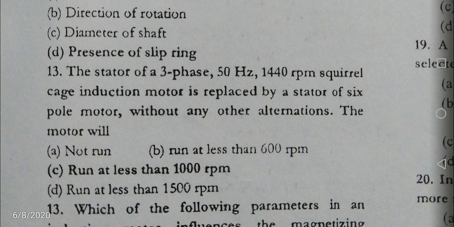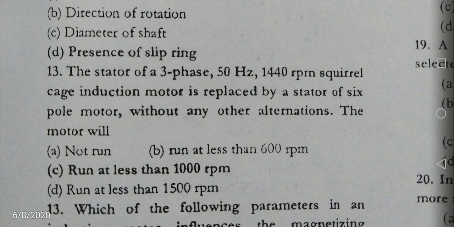The stator poles are not given earlier, but the stator poles are 4 poles, because from nr equal to 1440 rpm, when nr is 1440 rpm, then ns is nearly 1500 rpm. If 1500 rpm, then poles are 4 poles.